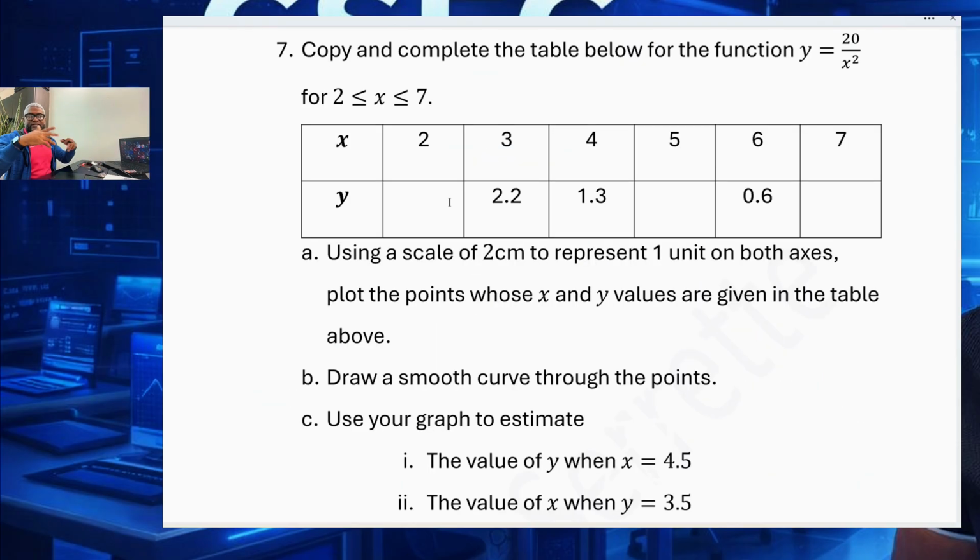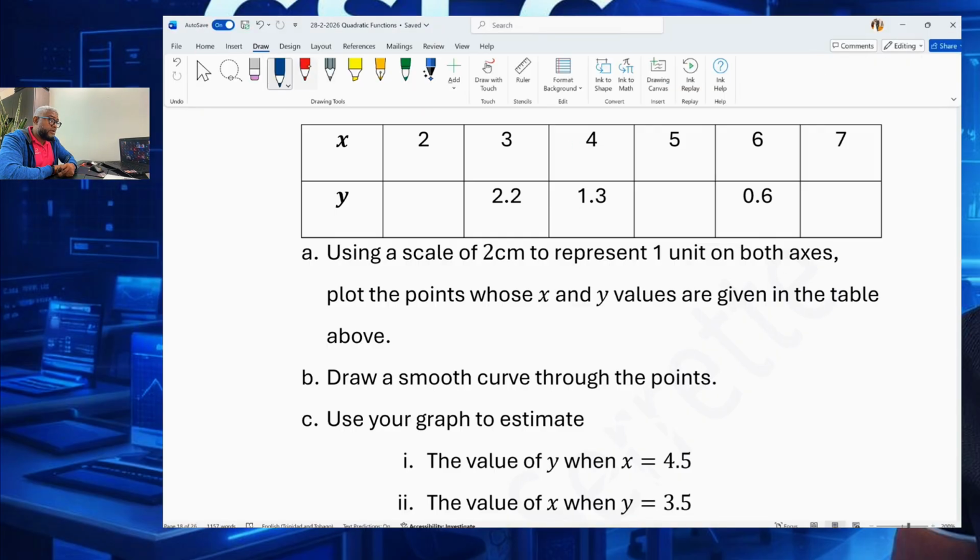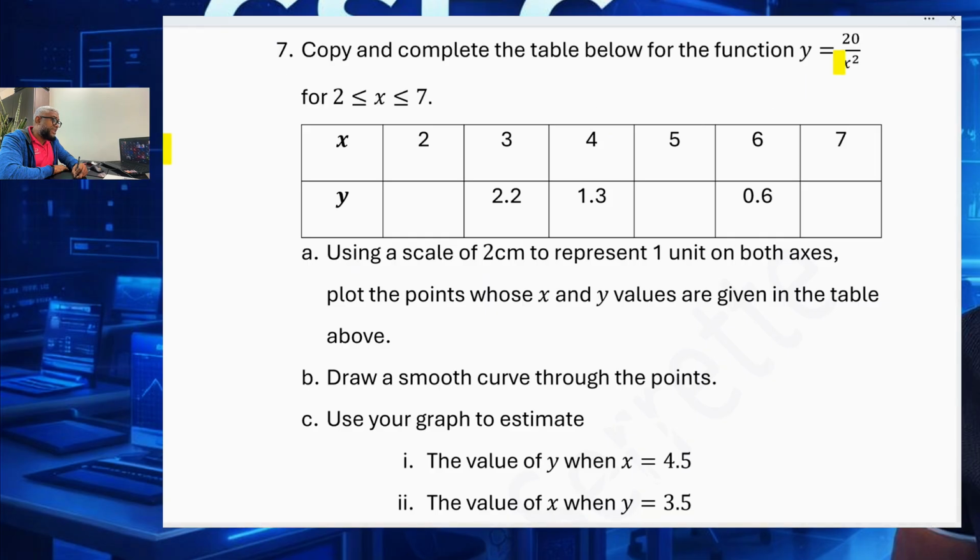This question is slightly different to what we were doing all along, but I still want you all to lock in. Copy and complete the table below for the function y = 20 over x². That is actually a quadratic function, just written a little differently. They said for 2 ≤ x ≤ 7.